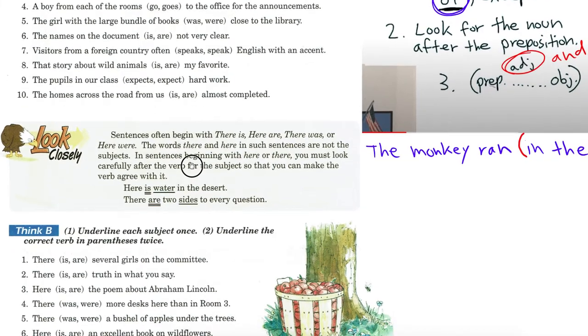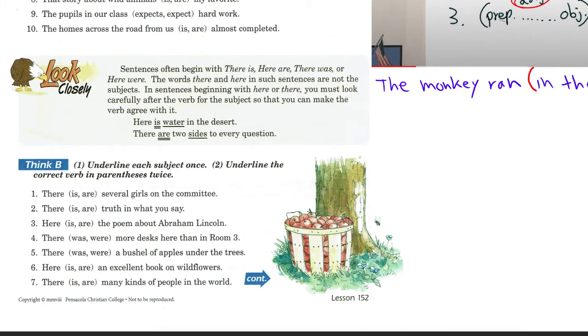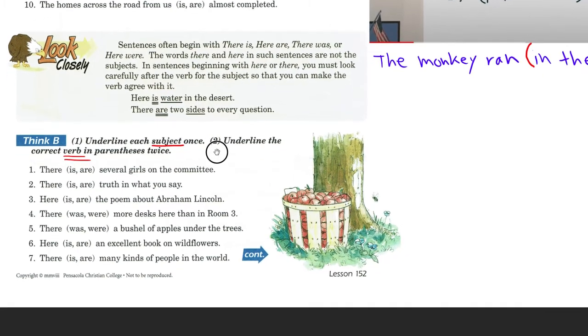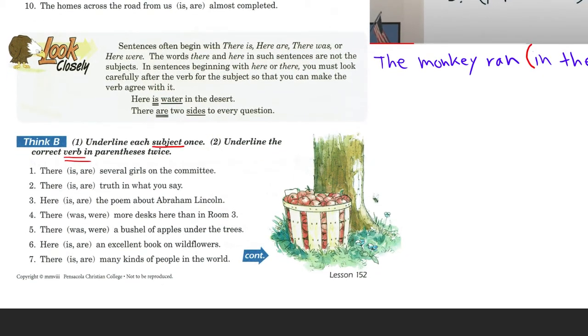Okay. Think B. It says underline each subject once. Underline the correct verb in parentheses twice. So if you recall, if we have a singular subject, then that means I have to pair that up with what?